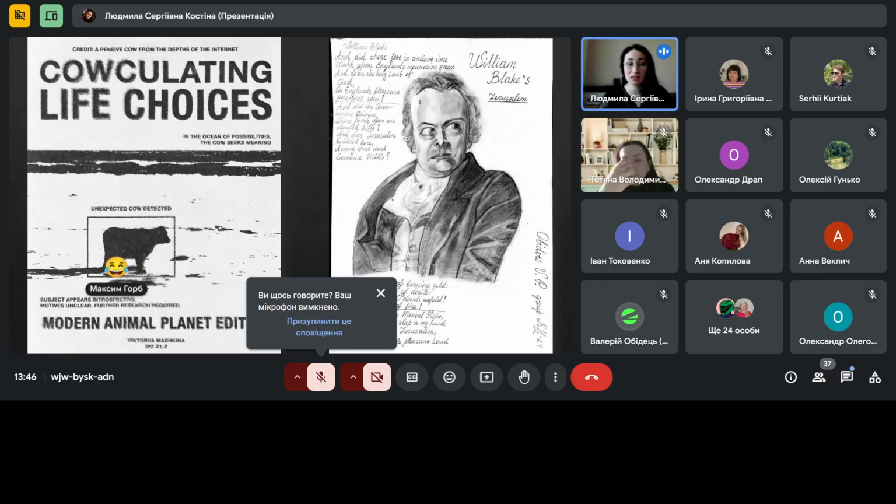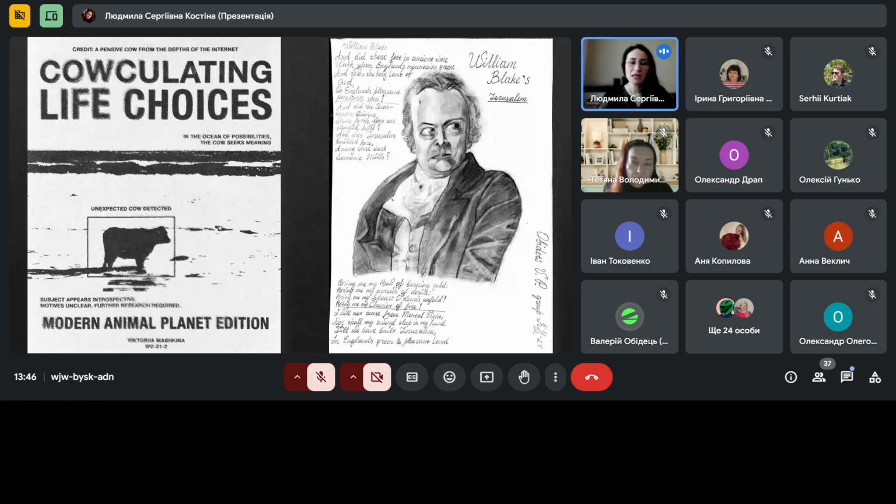So this cow seeks meaning. It's a meaningful and maybe philosophical point of view, quite a serious main idea. I suppose we can understand it and make a parallel with our life, with our values and so on.